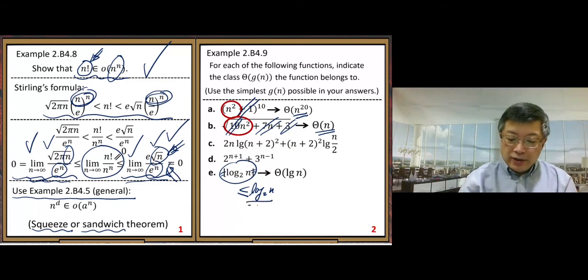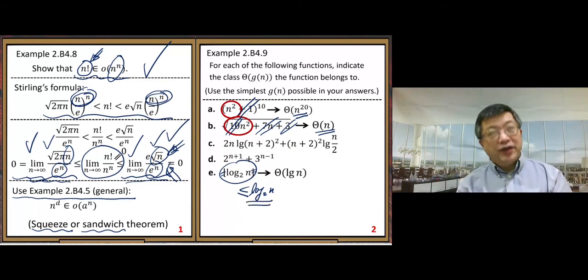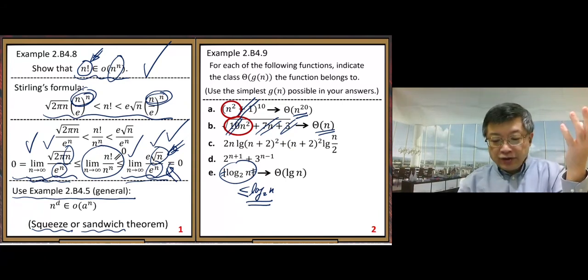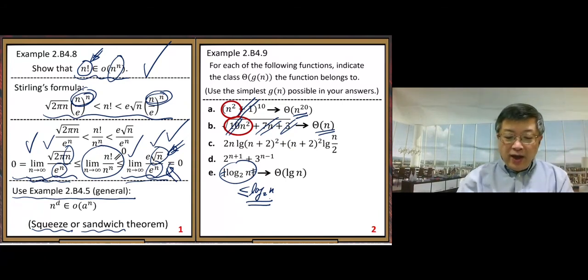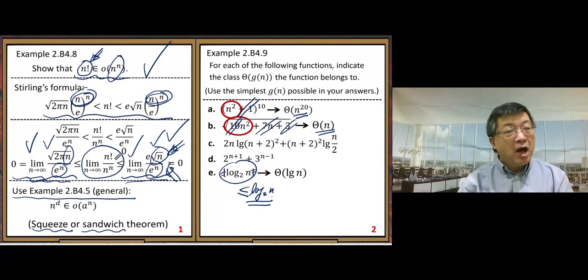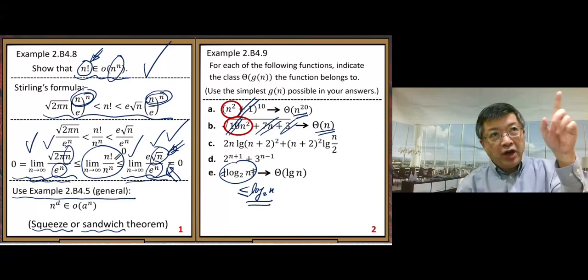All right. So now this is the growth function. Then the base 2, the base number is not important. The reason is there is a base change formula.